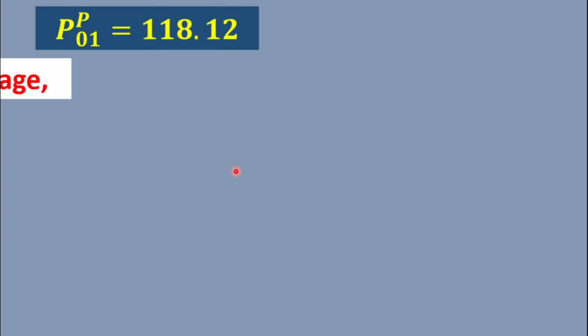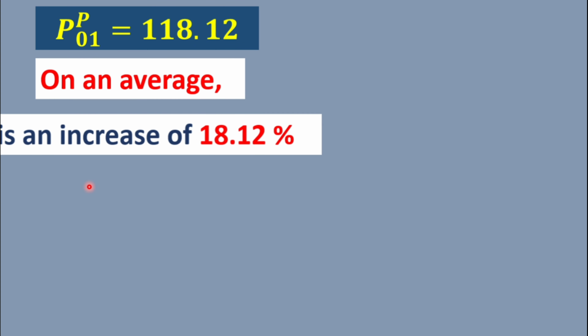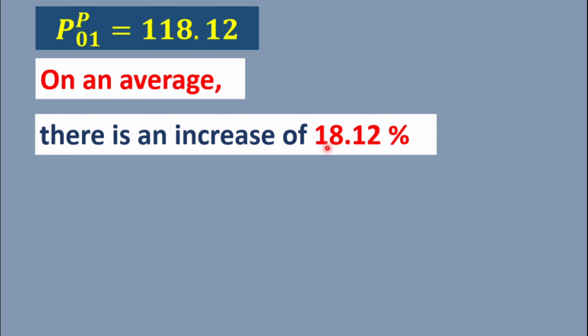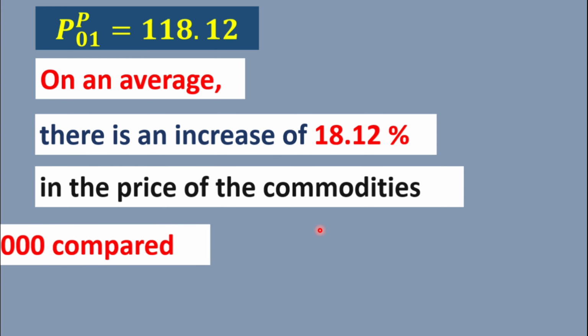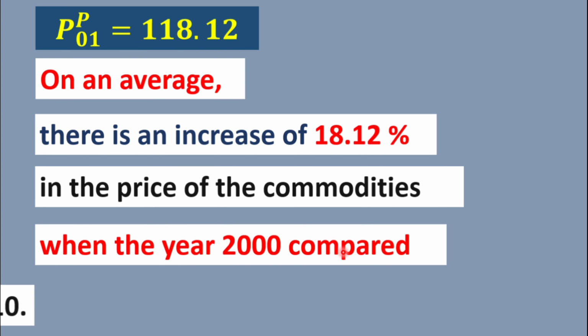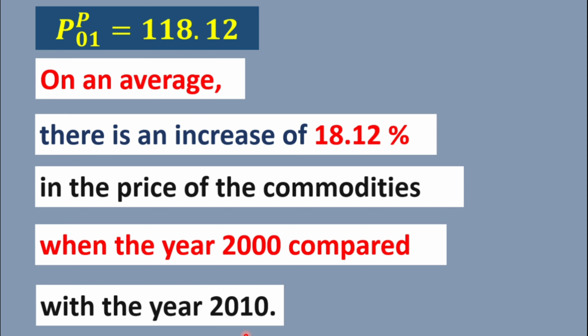The price index number for Paasche's is 118.12, and on average there is an increase of 18.12% in the price of commodities when the year 2000 is compared with the year 2010.